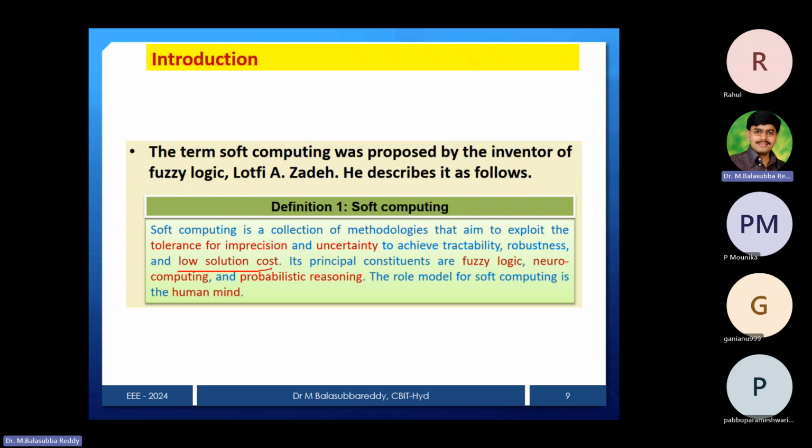So how the cuckoo behaves, the same thing they developed as an algorithm, like harmony. How waves are generated in harmony, that is also one algorithm. And water flow algorithm. Like that, how bees fly randomly, and honeybees and all.